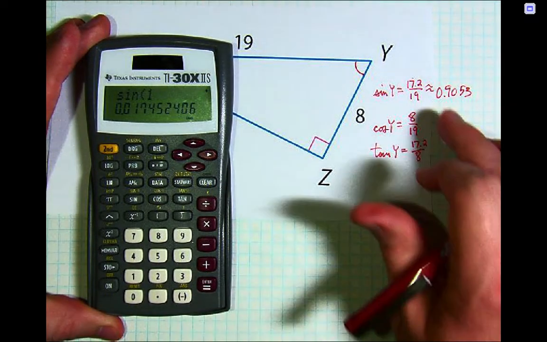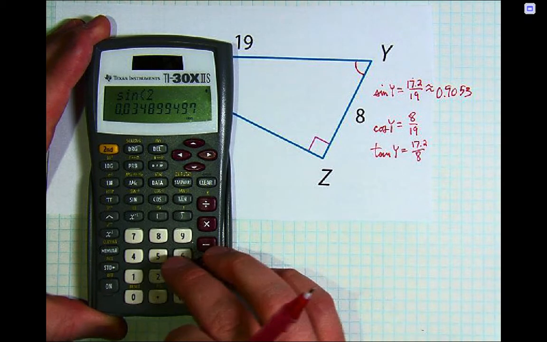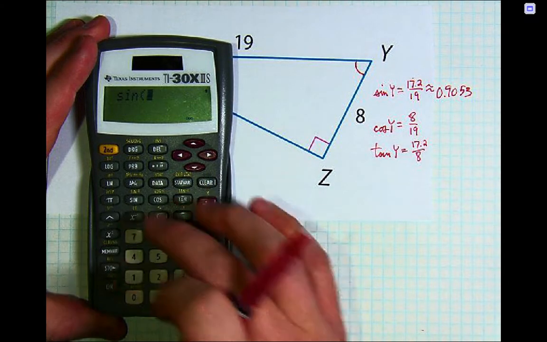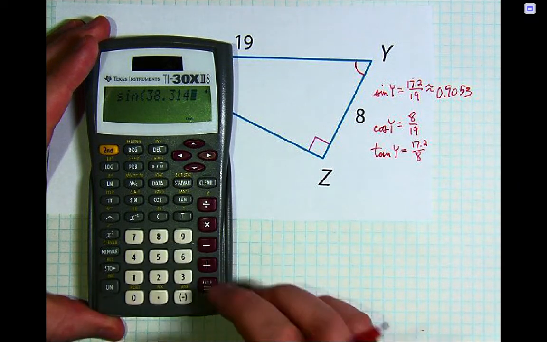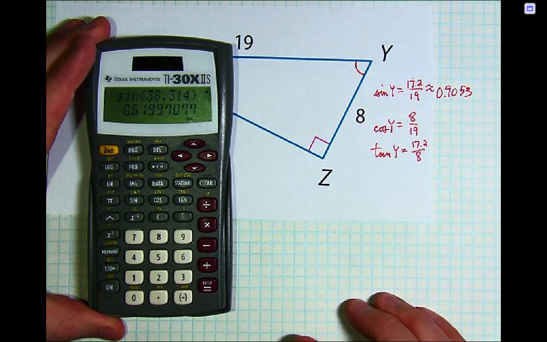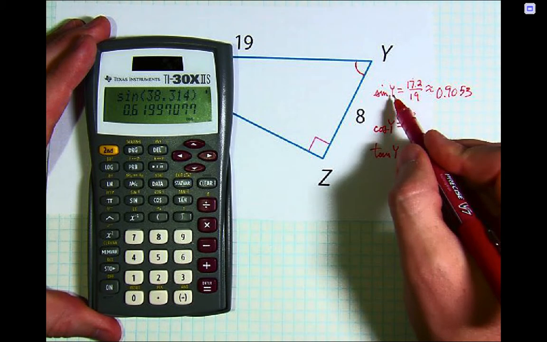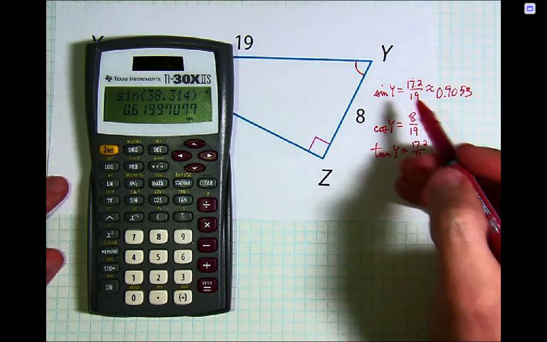Nope, that's not 0.9053. How about sine of 2? Nope. How about sine of 18? Nope. How about sine of 38.314? Nope. And I'm just going to sit here and try different angles until eventually I stumble upon it? That sounds terrible. So here's what we're going to do.